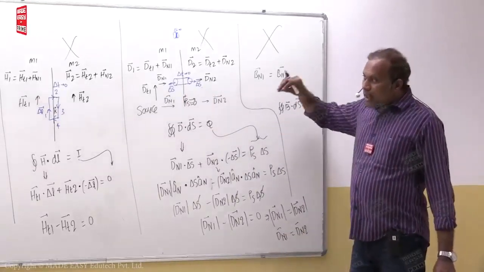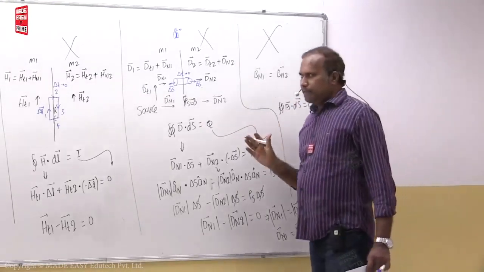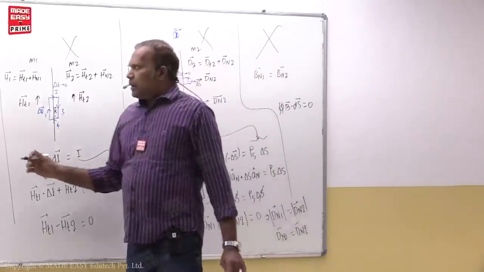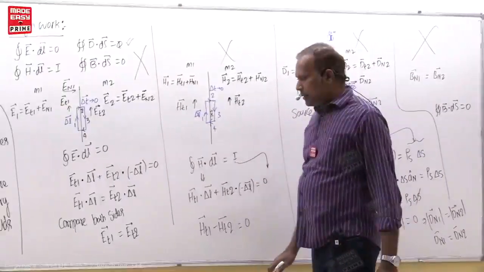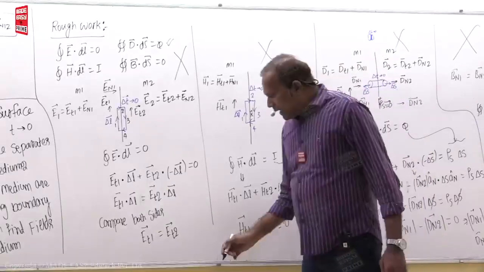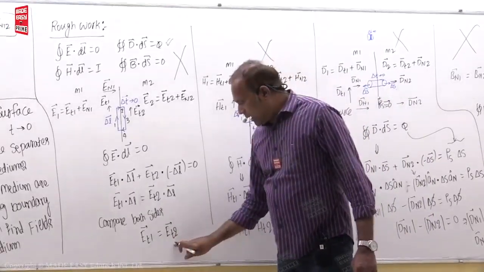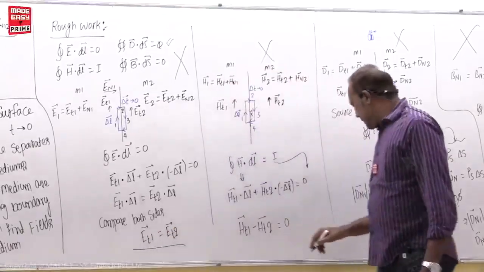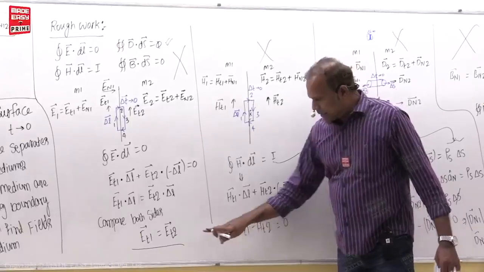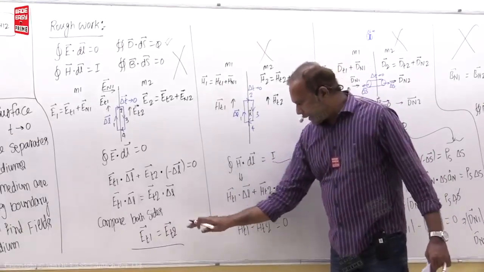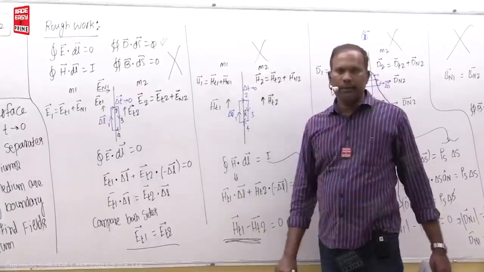Then, what is there to observe here? Boundary conditions mean we get tangential relations for intensities. This is magnetic field intensity, this is electric field intensity. For intensities, we get tangential relations. That is one point.